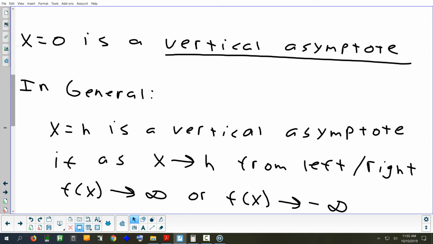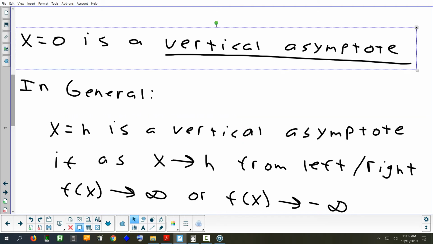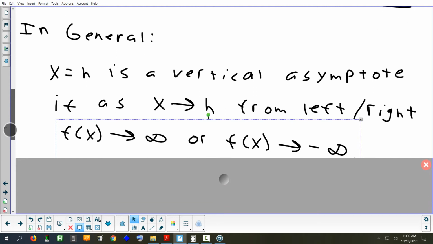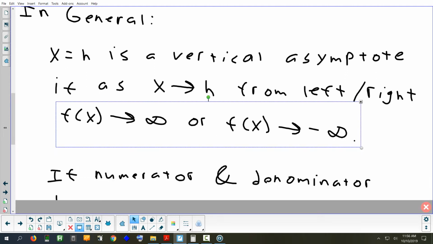That's the number you're looking at. So, x equals whatever number you think. In this case, it was 0. If, as you approach 0, from either the left or the right side, all of a sudden your graph curves up very sharply, or down, and it just keeps going forever, it means you have a vertical asymptote.